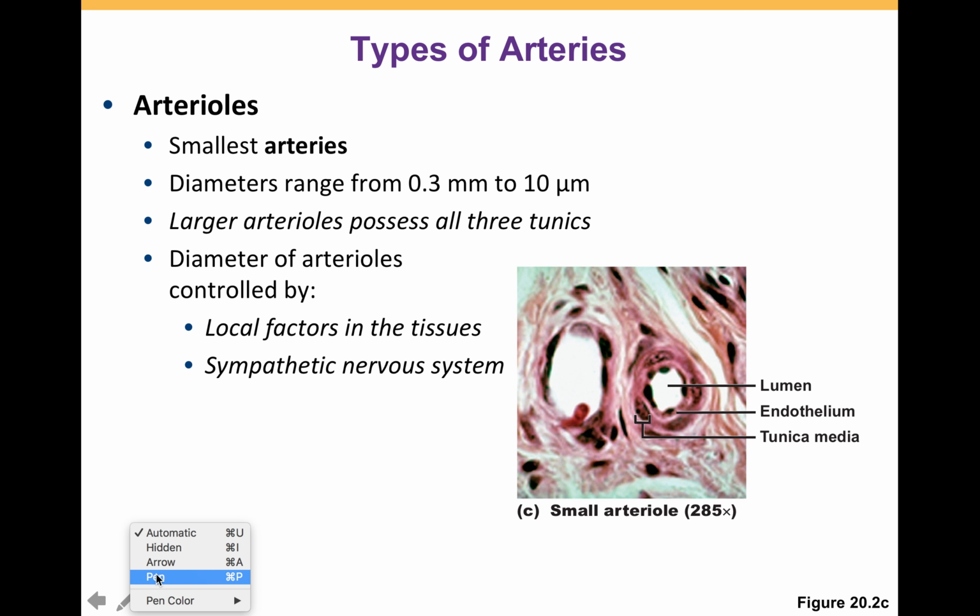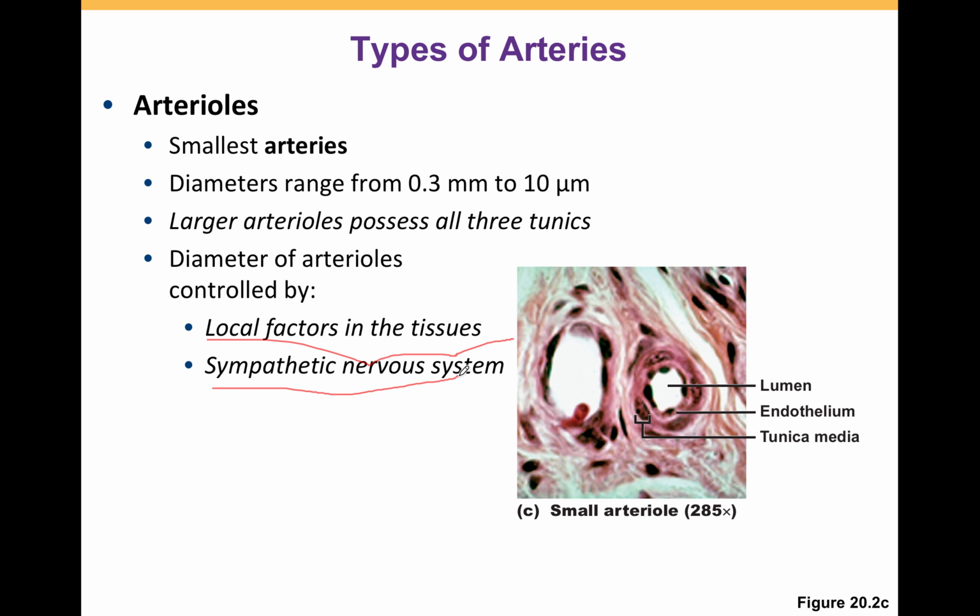Arterioles are very fascinating in a sense that you can actually control the diameter of these blood vessels using local factors within the tissue itself, such as the presence of platelets or blood clotting factors, as well as control through the sympathetic nervous system based on the fight or flight response when you need to deal with a stressful situation, versus when you're relaxed and in something called a food coma or rest and digest phase, where you don't really need your blood vessels to your muscles to be really dilated to send a lot of blood to your muscles.